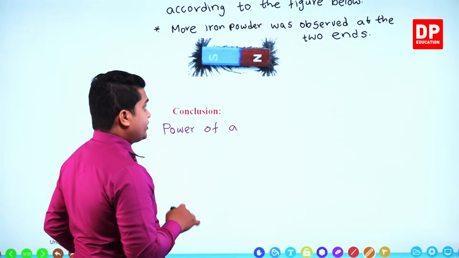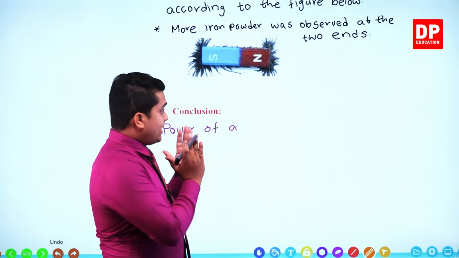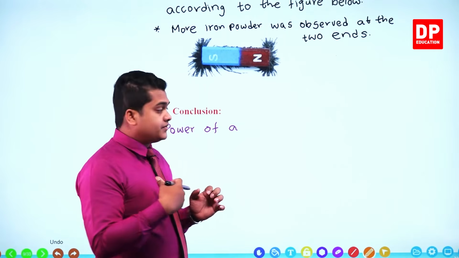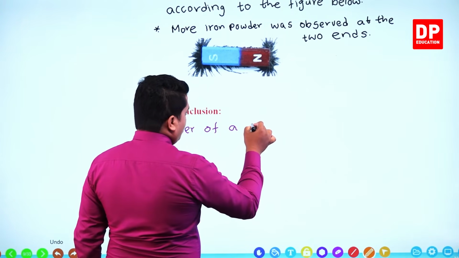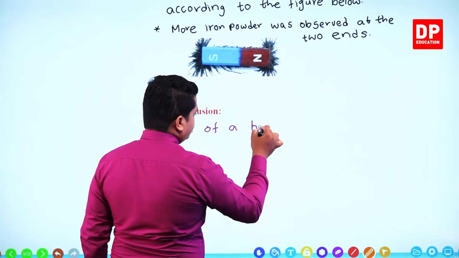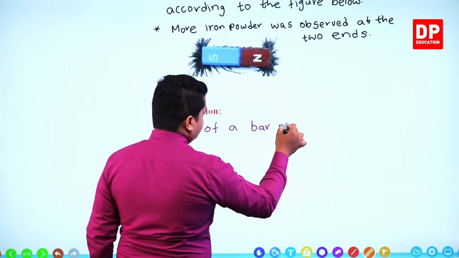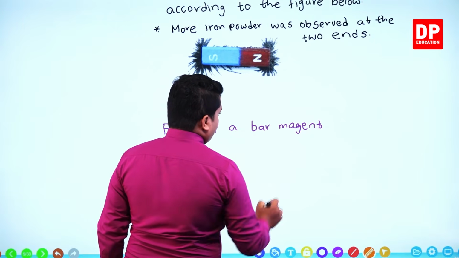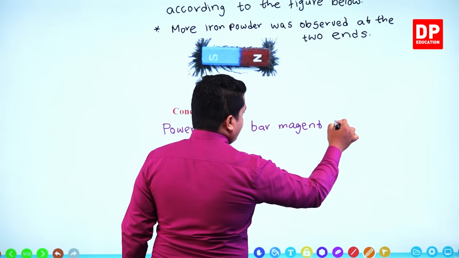That's more accurate, no? Because we took a bar magnet in this experiment. So the power of a bar magnet is concentrated.